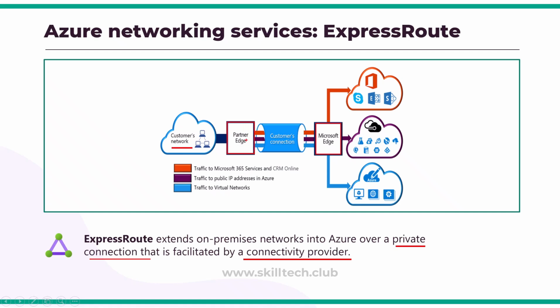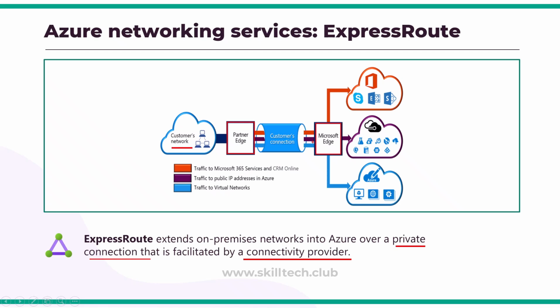This partner edge configuration is going to physically connect my Azure network with the customer's network. You can see in between, the customer's connection is nothing but physical cable connections established in this particular way. Now, this is more secure, but it is also a more expensive way to connect from one network to another.